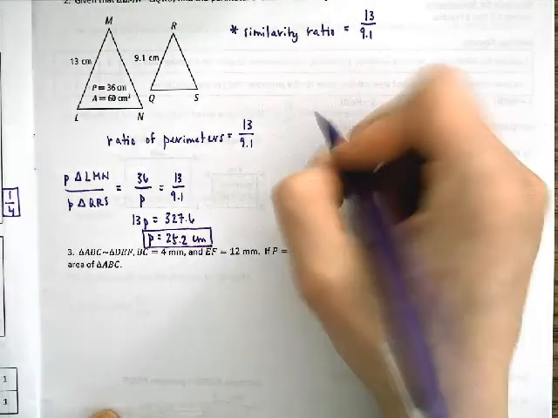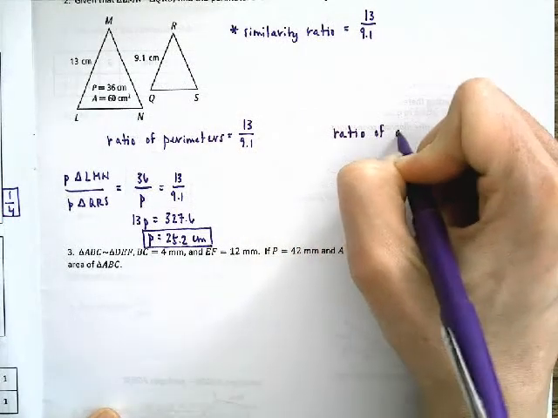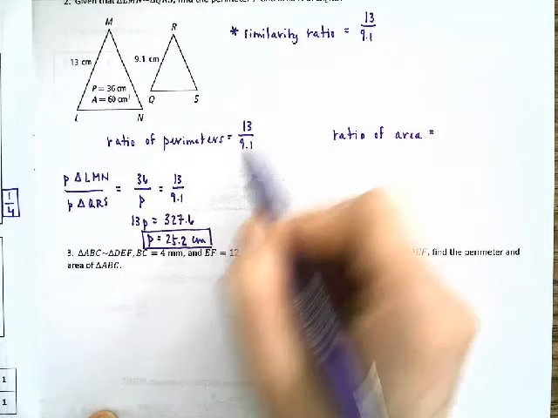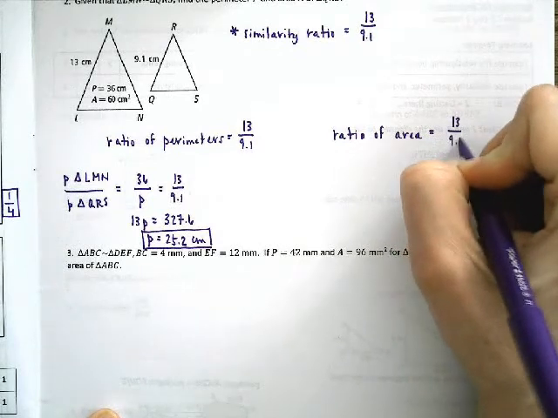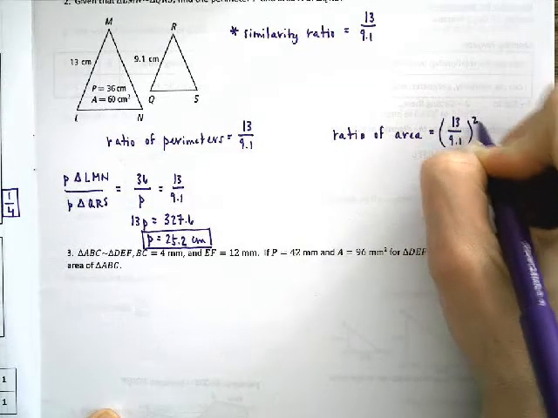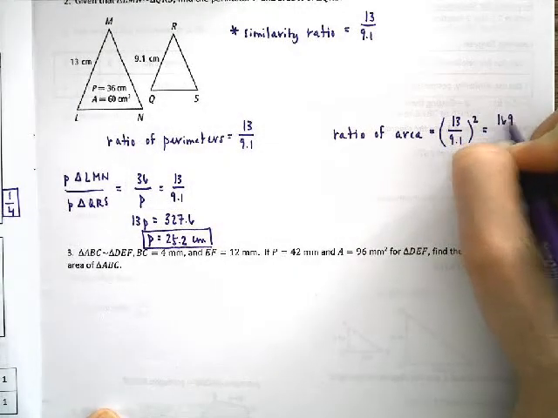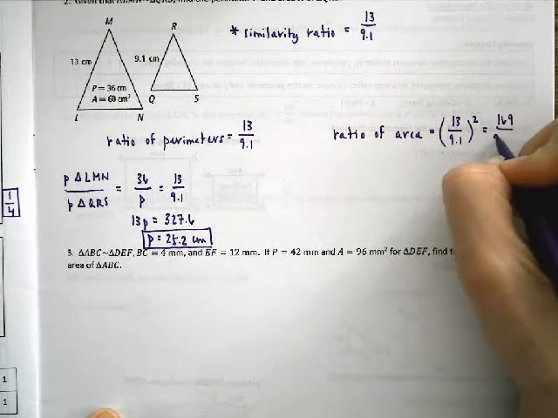Okay, now my ratio of the areas is going to be the similarity ratio, 13 over 9.1, but then I need to square that quantity, which means I take 13 squared on top, which gives me 169, and on the bottom I have 9.1 squared, which is 82.81.